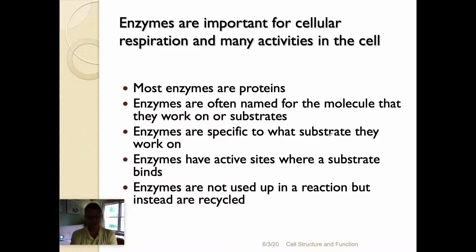Now, the enzymes are often named after the molecule that they work on. For example, there's an enzyme called lactase, and that is an enzyme that's designed to break down the milk sugar lactose. So they have similar names. The ASE is typically the enzyme.